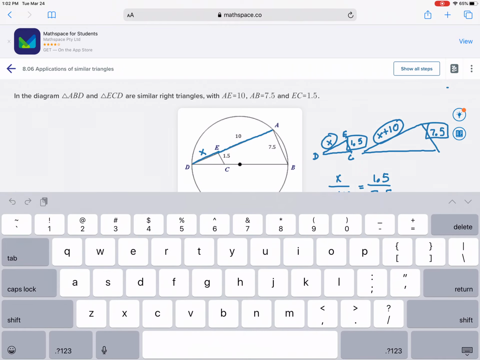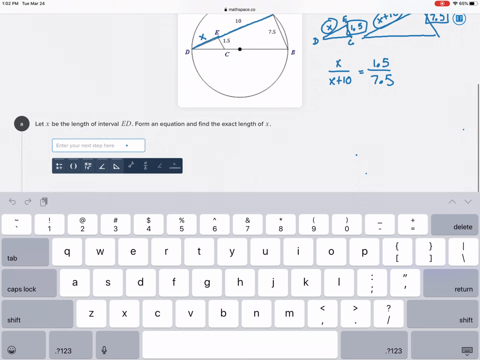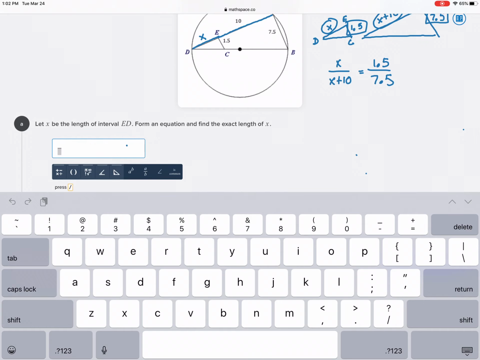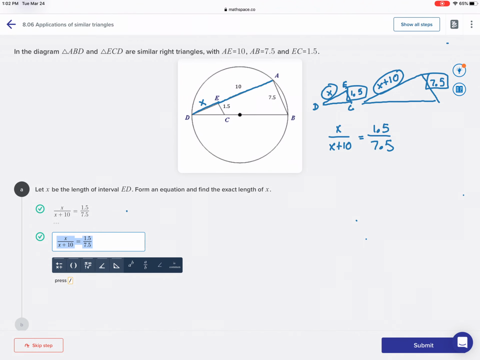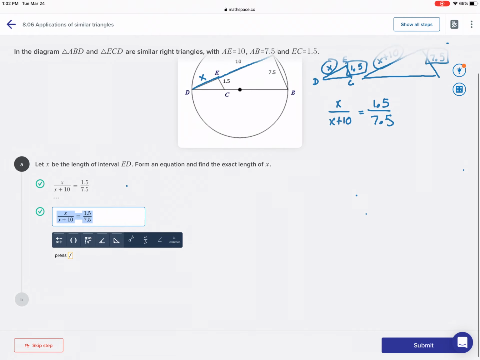Okay, we're going to see if it's going to accept that proportion as our equation. x over x plus 10 equals 1.5 over 7.5. Okay, so yes, we got the equation.